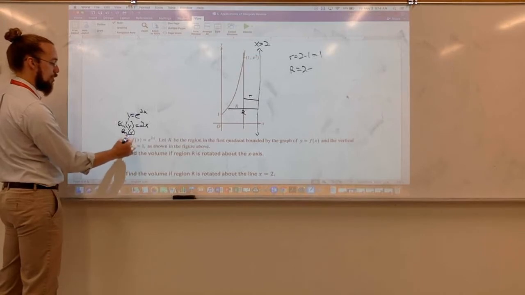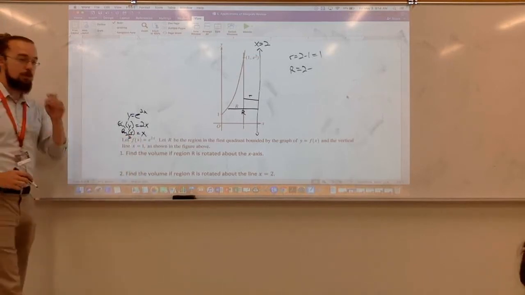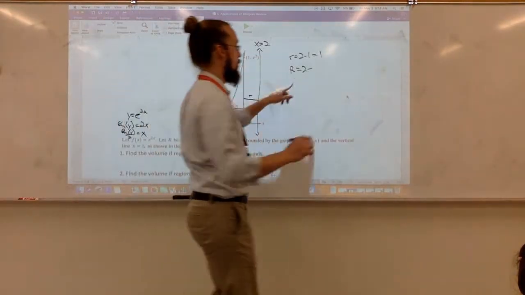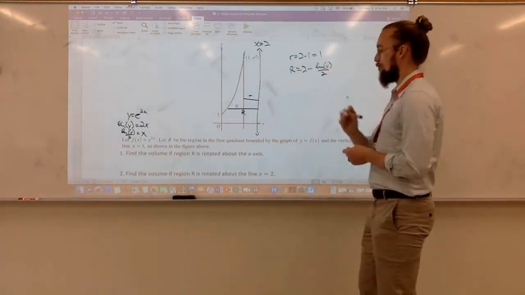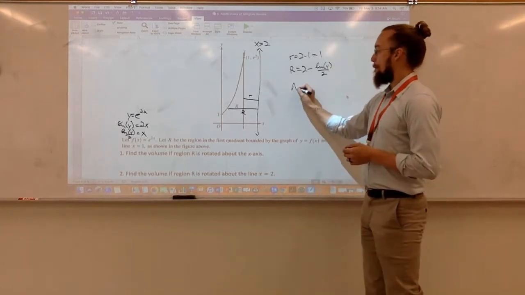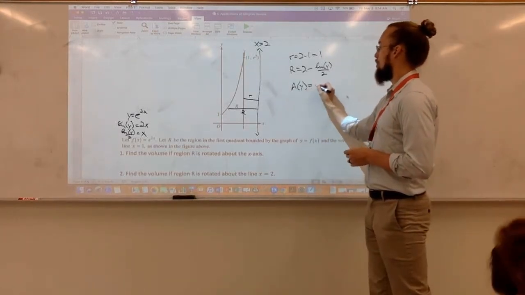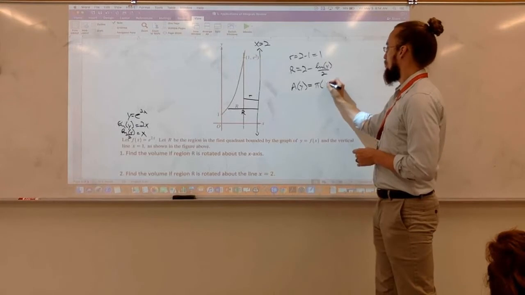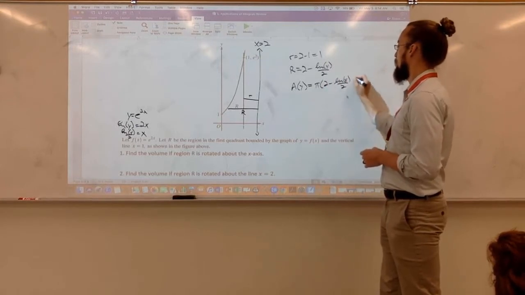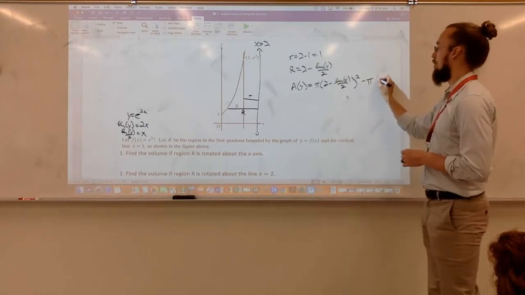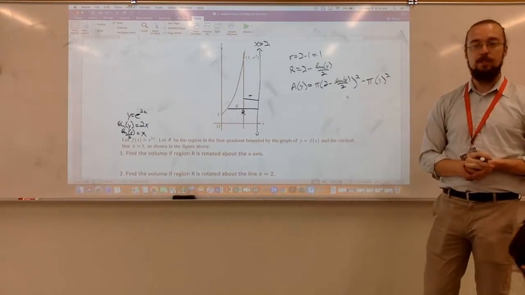So we get the natural log of y over 2 equals x. My big R is 2 minus the natural log of y over 2. So my area function is pi times 2 minus natural log of y over 2, squared, minus pi times 1 squared.